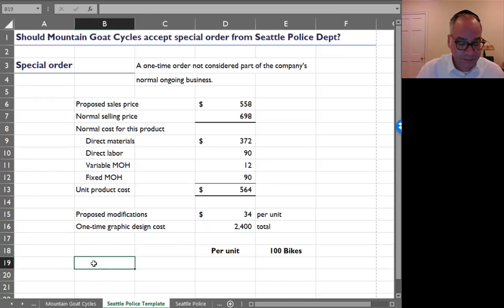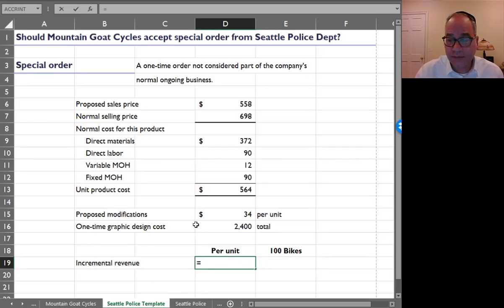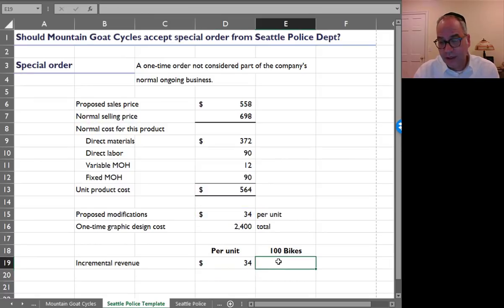The incremental revenue is going to be per unit $34, so for 100 bikes, it's going to be 34 times 100, or $3,400 total. And then we'll look at some incremental costs.